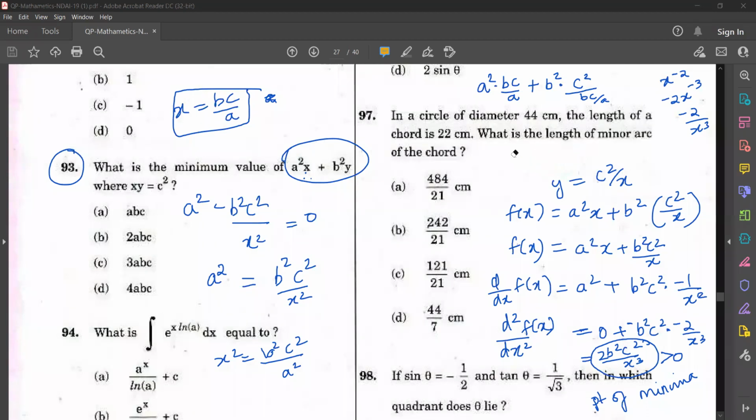That will become a square and a will go. So abc plus this square bc will go. This will be abc plus abc, 2abc. That is the minimum value, 2abc. Option B is the correct answer.